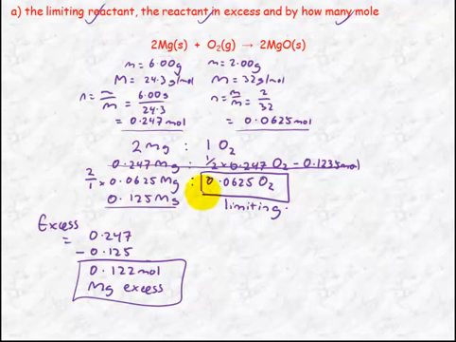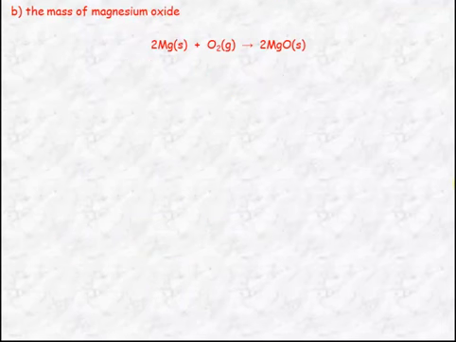The important thing that we need to remember now is that it's this limiting number of mole here that we need to use, because that's how many mole are used in the reaction. So, using that limiting reactant mole, we have number of mole equals 0.0625 of oxygen.